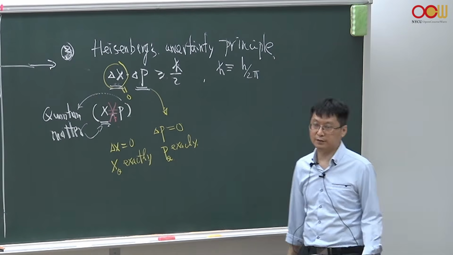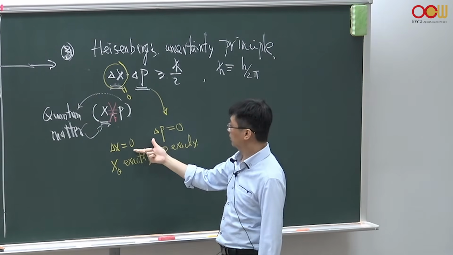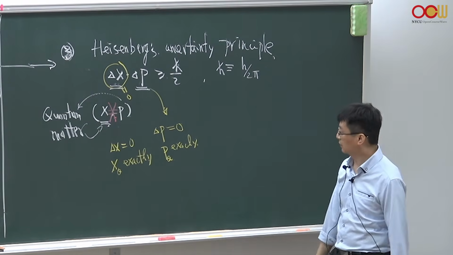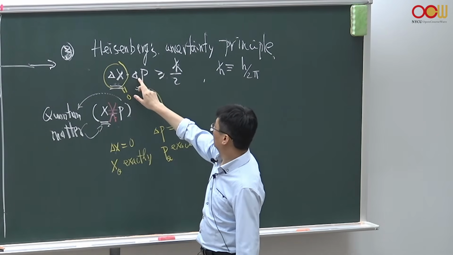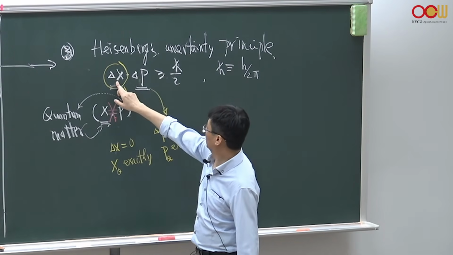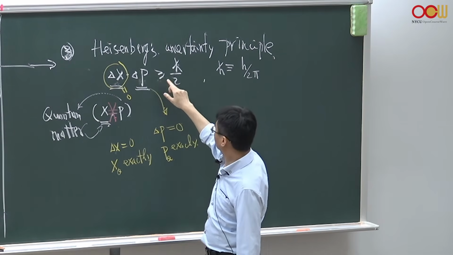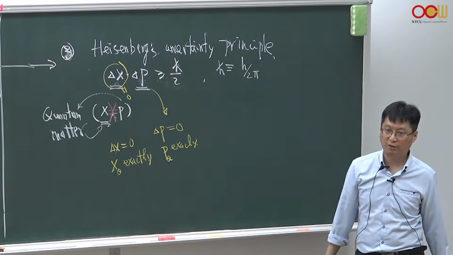But the Heisenberg uncertainty relation tells you that you cannot accomplish both accuracies at the same time, because if delta x is 0, then whatever delta p is does not matter: 0 times a finite value is 0, but 0 is less than the fundamental limitation of quantum mechanics, h bar over 2.